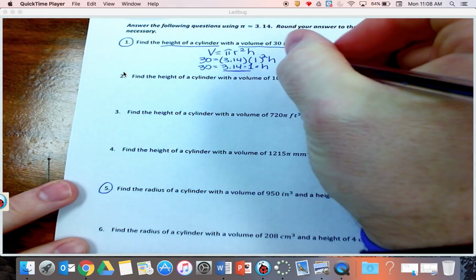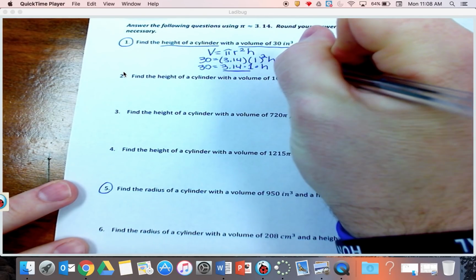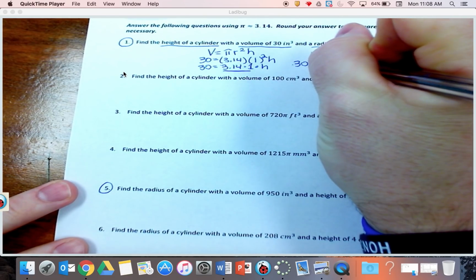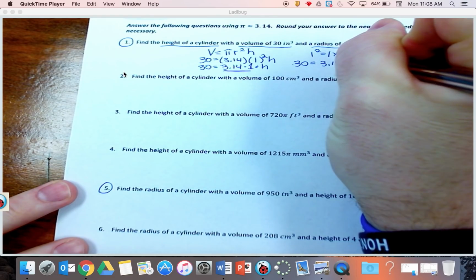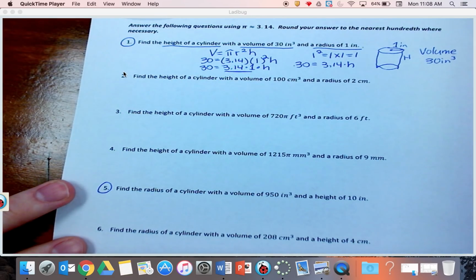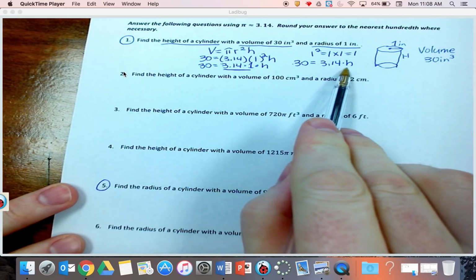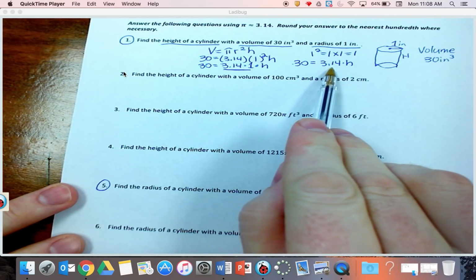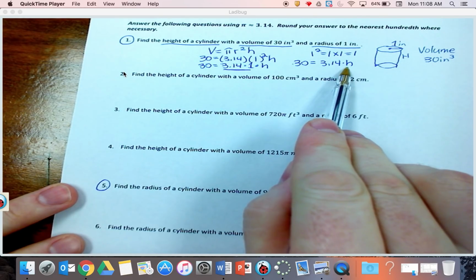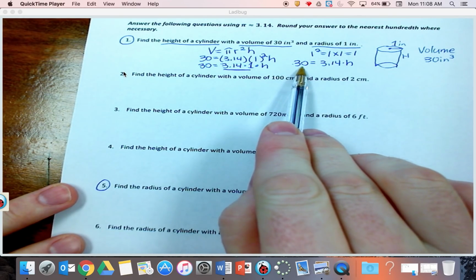So now I have 30 is equal to 3.14 times H. Now this just turns into a one-step problem. I have 3.14 times the H, or my height, which I'm trying to solve for, is equal to 30.